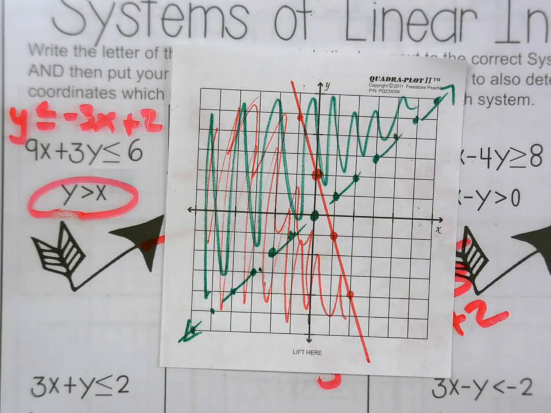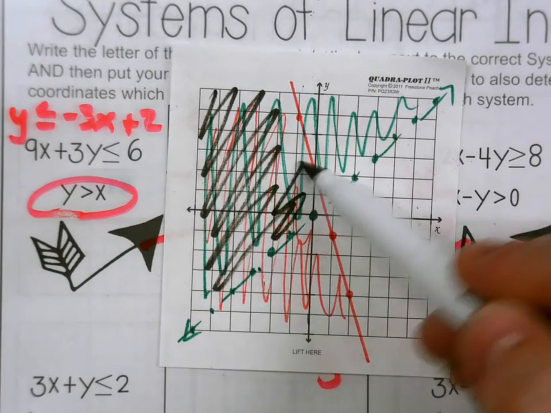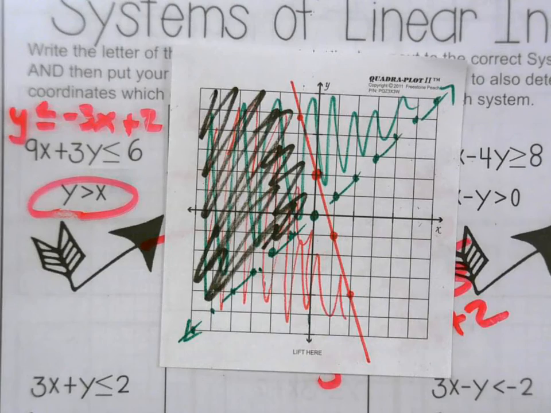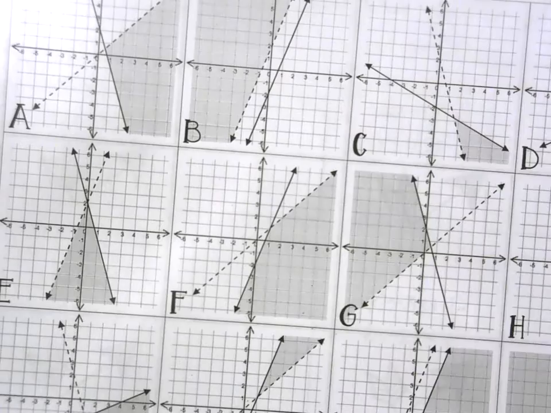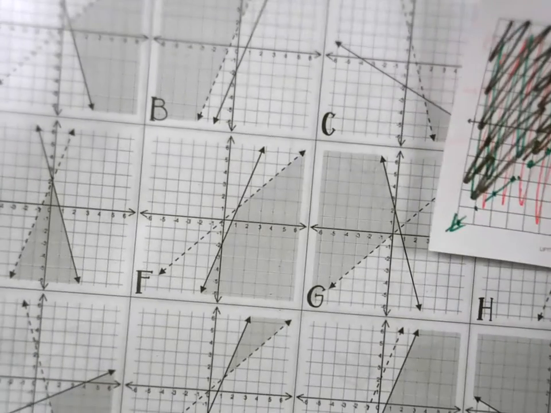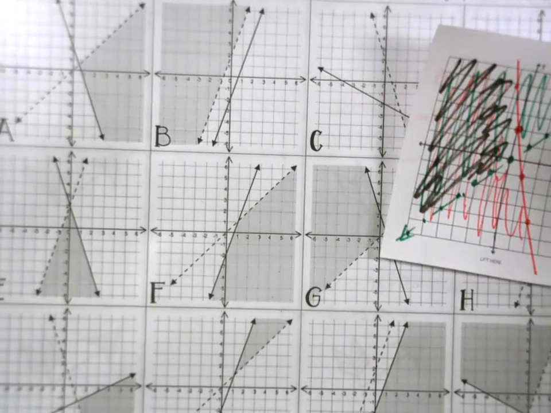So where do they overlap? Right in this area here. Now I'm going to look at all my graph choices on the back. Which one matches my graph?